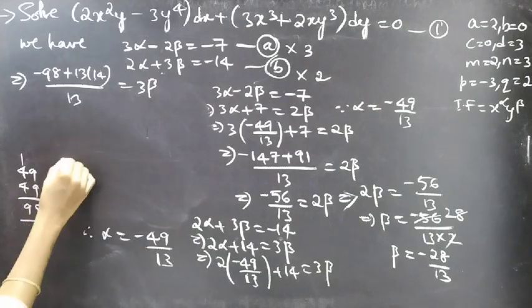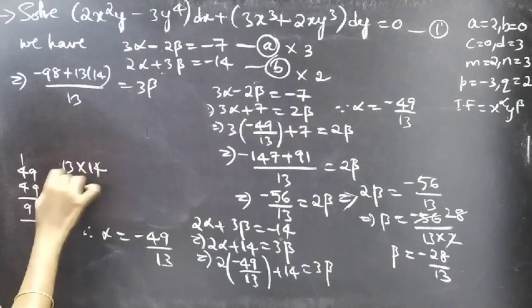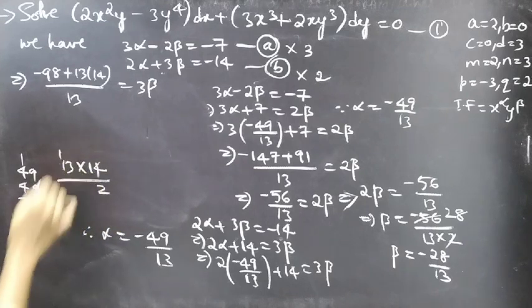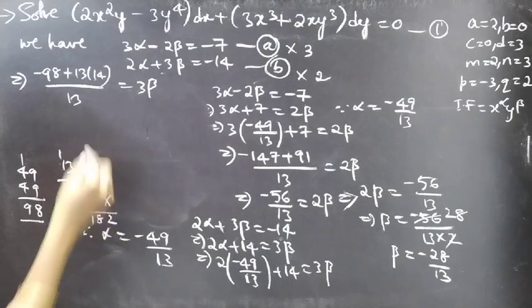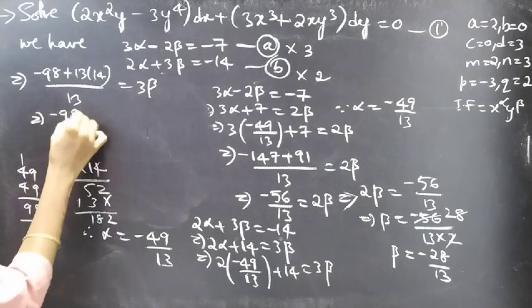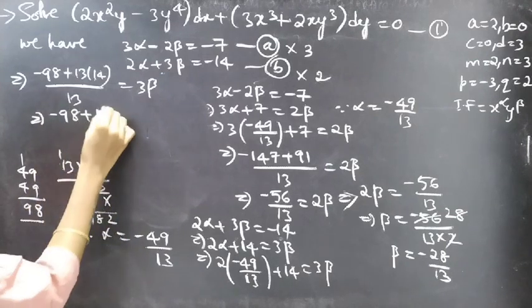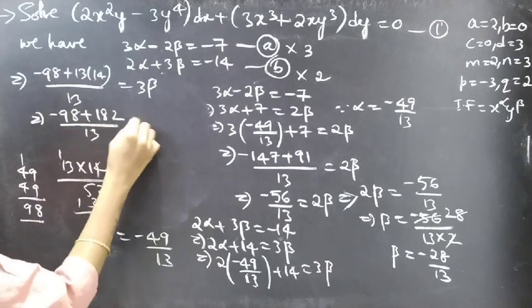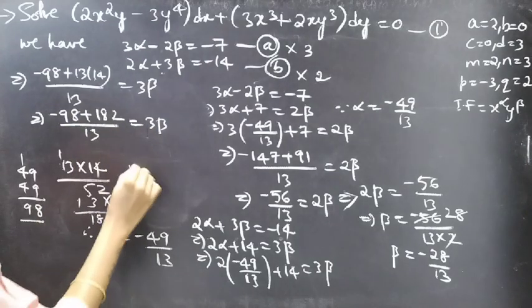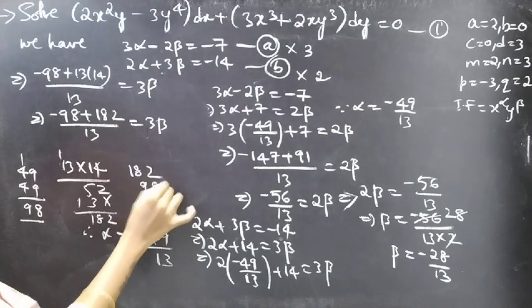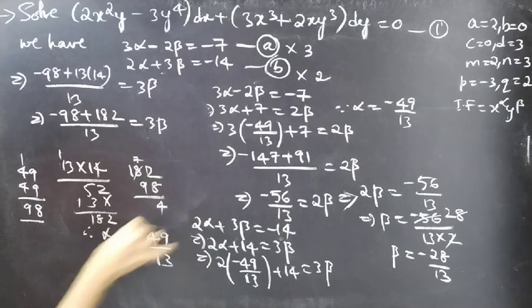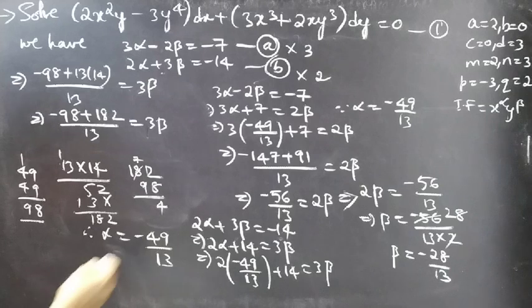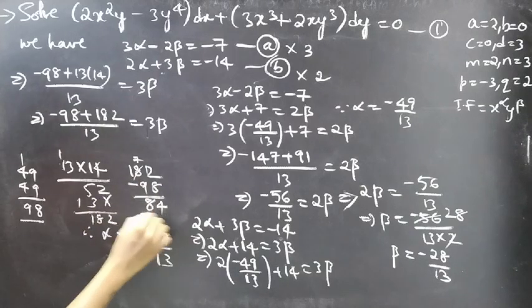So minus 98 plus 182 by 13 equal to 3 beta. 182 minus 98 gives 84.